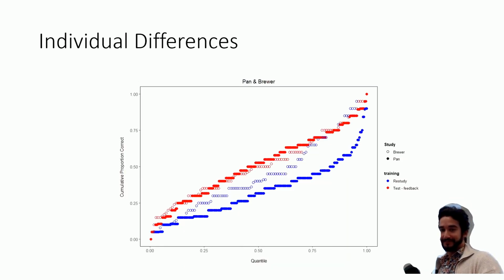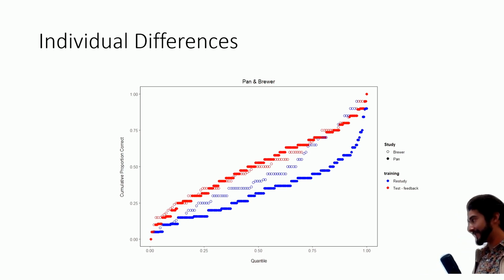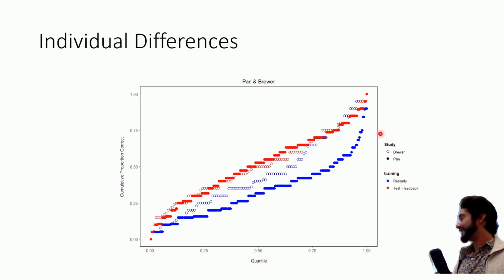And so we can again look at these PCR values. I accidentally switched the colors on this one, so restudy is blue now, and the test is red. And the open circles are Brewer, and the closed circles are Stevens' study.